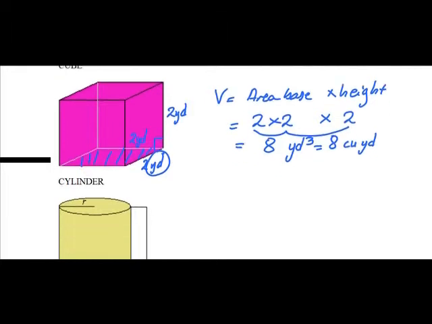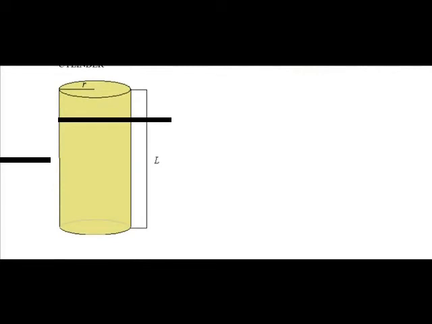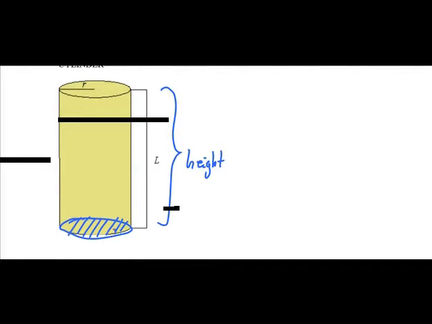Then let's do a cylinder example. Again, is the area of your base perpendicular, 90 degrees, to the height? This is your height. And area of the base is simply that circle in there. So the volume is area of the base times height.